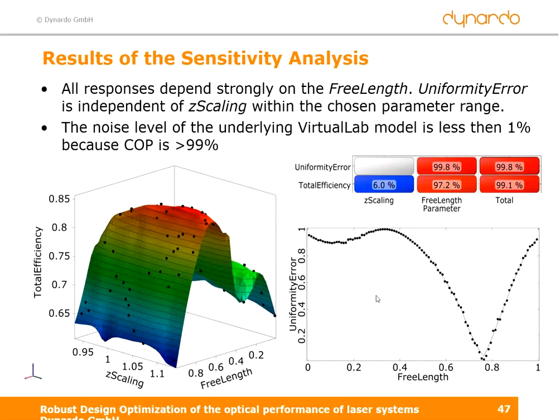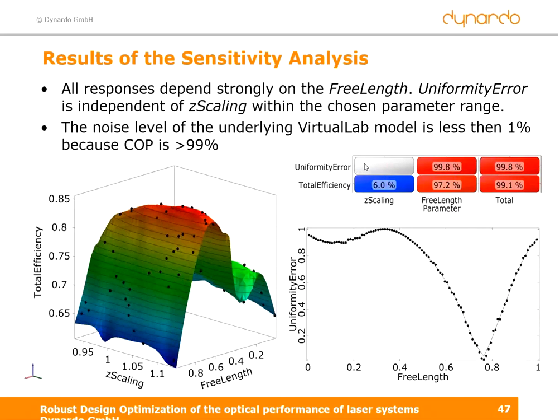If we only consider the results, so the responses for the objectives, we can see it even better, that all responses depend on the free length we have seen. And what is also interesting is that the uniformity error is independent of the set scaling within this chosen parameter range.